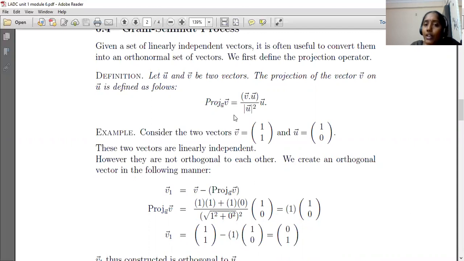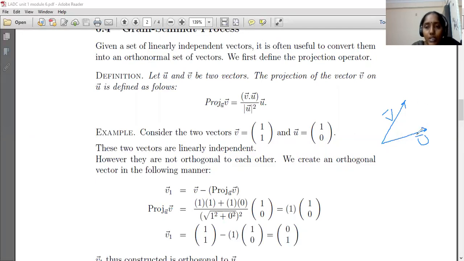Projection of V bar on U bar: there are two types of projections, which we already discussed. If we consider this one as U bar and this one as V bar, then the vector projection of V bar on U bar is V bar dot U bar by modulus of U bar square, into U bar.